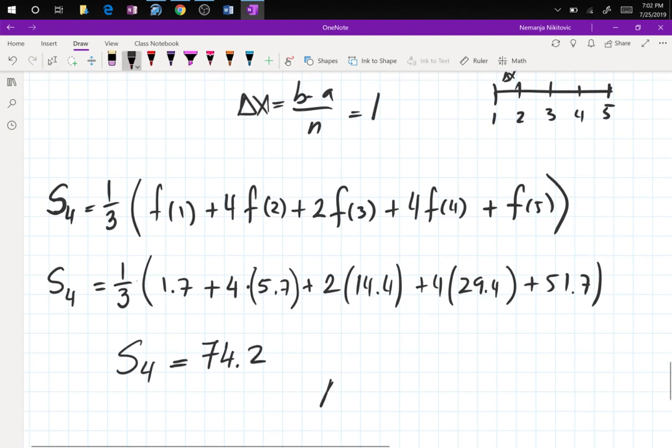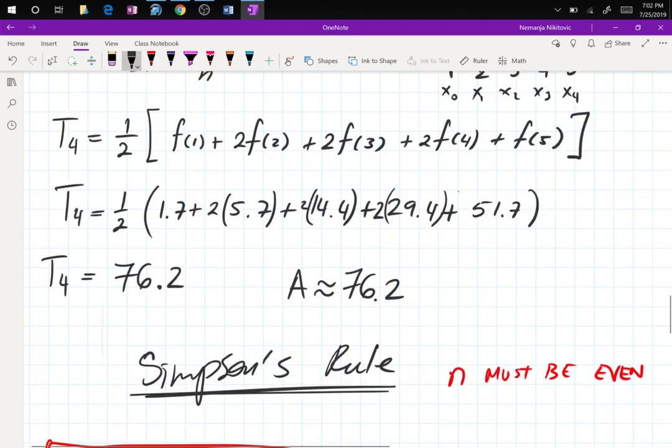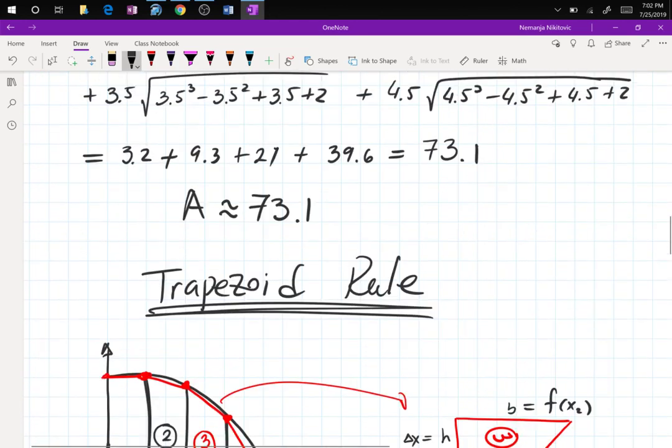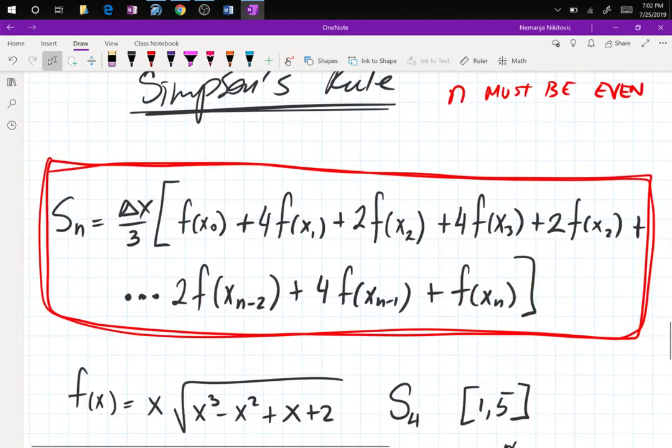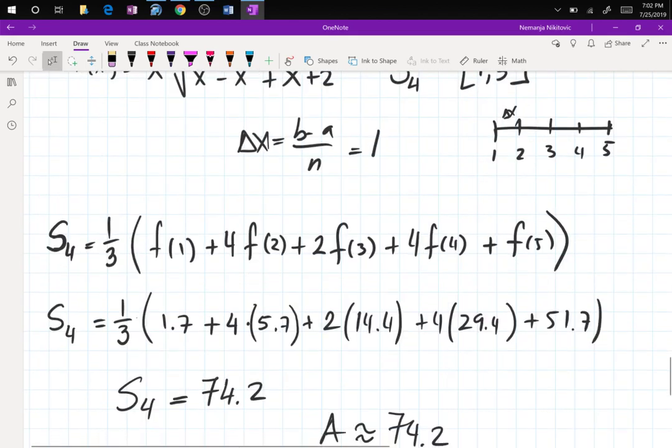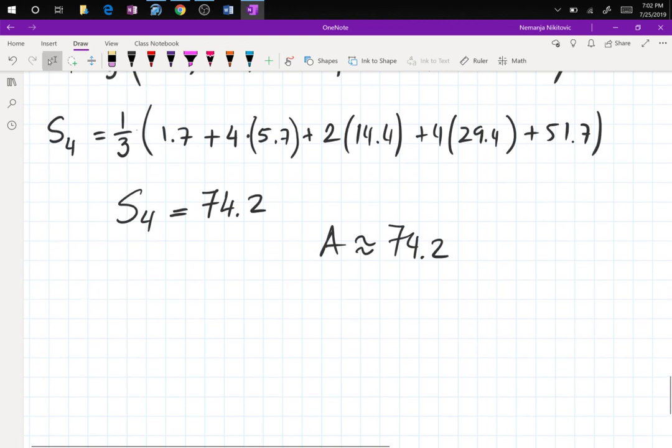So area in this case is approximated by 74.2. So we had 74.2, 76.2, and 73.1. They're all close, right? 72 and 74 and 76, they're all very close when you talk about 70.